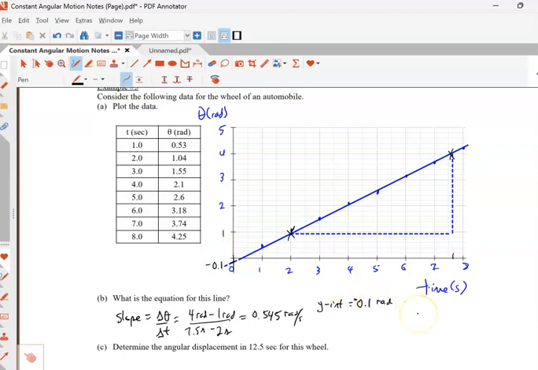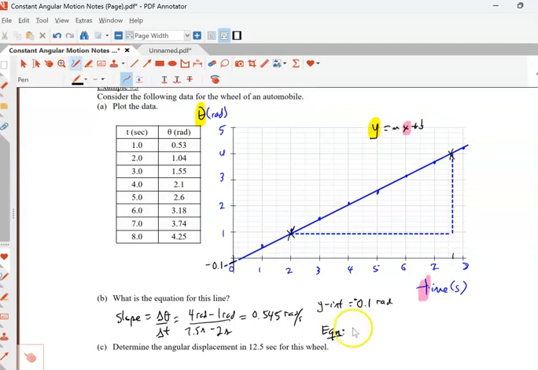So now we write the equation. Now our equation, by the way, please do not write y equals mx plus b as you do in math class, because on the y-axis we really don't have y, we have theta. And on the x-axis, we don't really have x, we have time, which is just represented with a t.